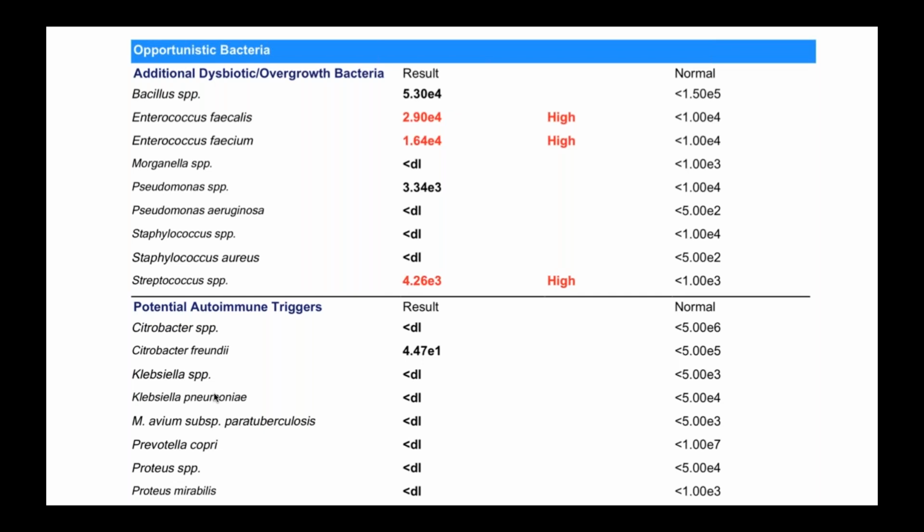As you can imagine, for those who also have excessive stress, stress itself will also decrease the secretory activity of the GI tract, including stomach acid. So potentially the two together can lead to a fairly strong pattern, which is something we do see here, where both Enterococcus species listed in the opportunistic bacteria section are relatively high, and Streptococcus is also notable for being high in this case as well. This really is not only something that's been confirmed time and again in research, but something we see clinically all the time.